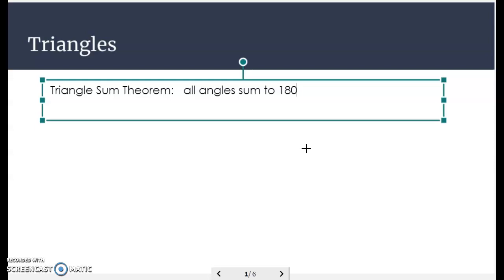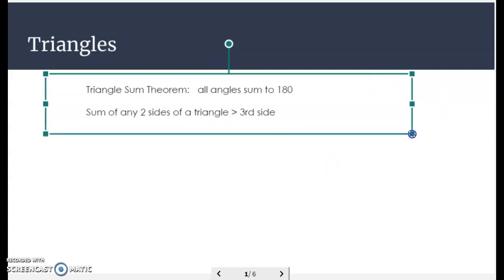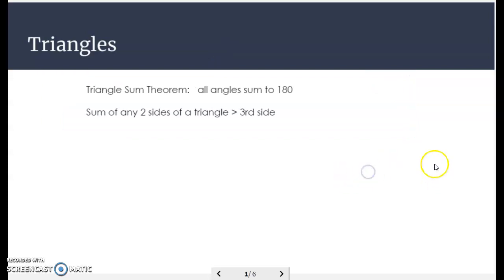The other thing we want to talk about is the two sides of a triangle. The sum of any two sides of a triangle will always be greater than the third side.